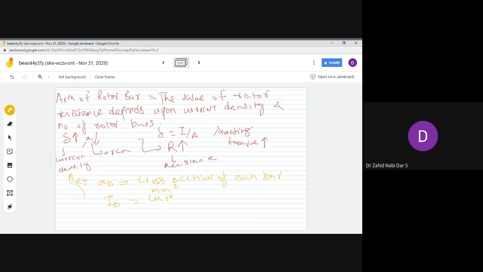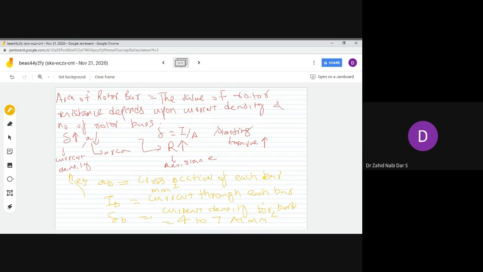And delta V is equal to current density for bars. So this would be around 4 to 7 ampere per millimeter square usually.